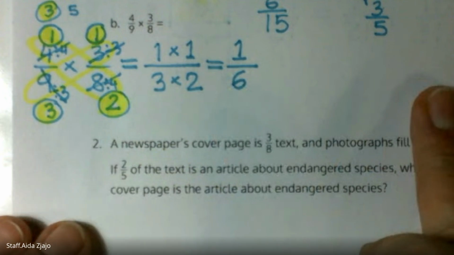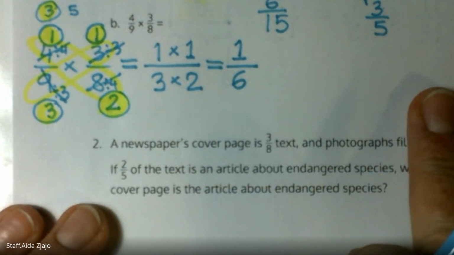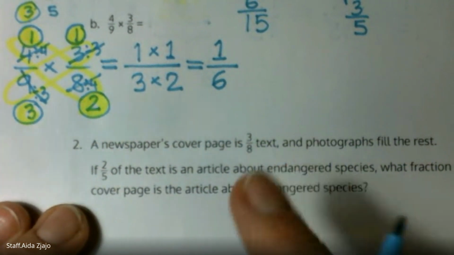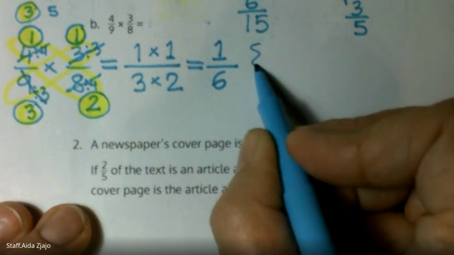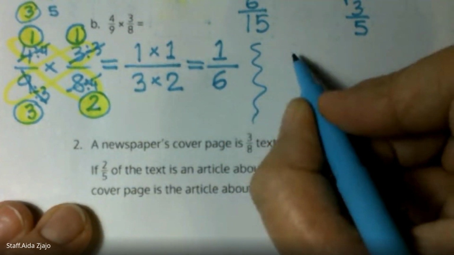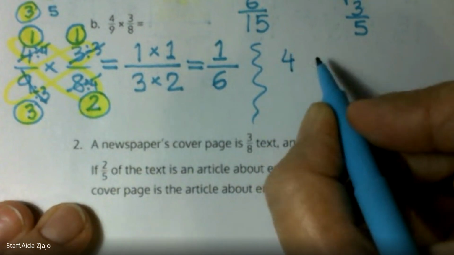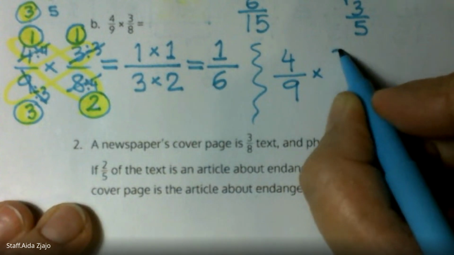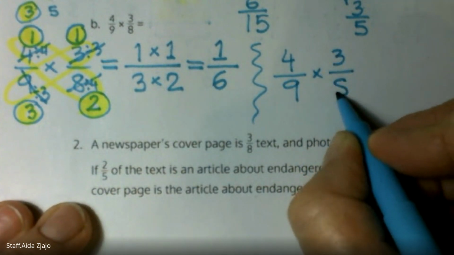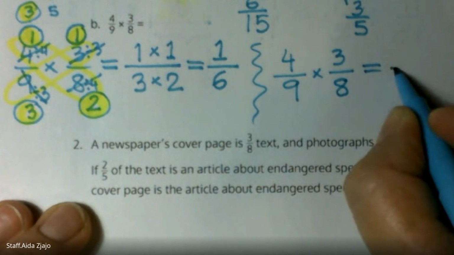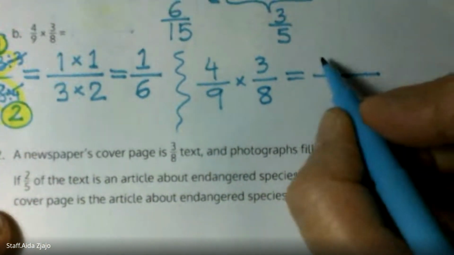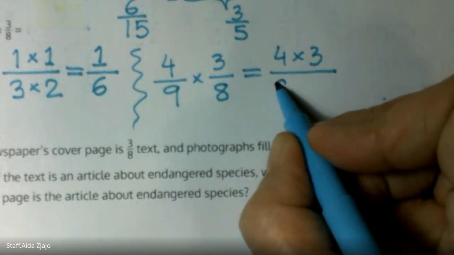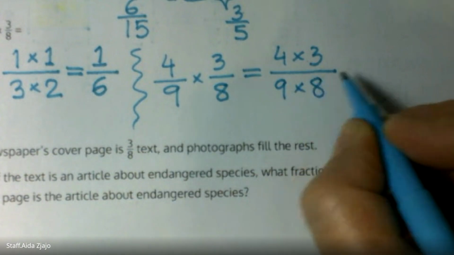Now I'm going to show you how you can arrive at the same answer, but in a different way. Let's say you don't know how to simplify, and you just follow the rules that you learned: multiply numerator by numerator, and then denominator by denominator.